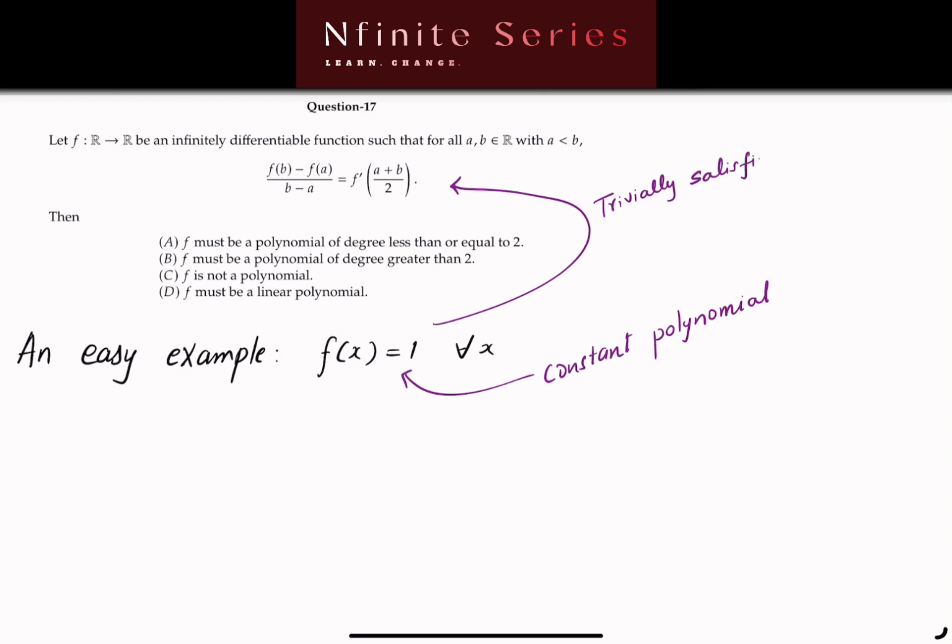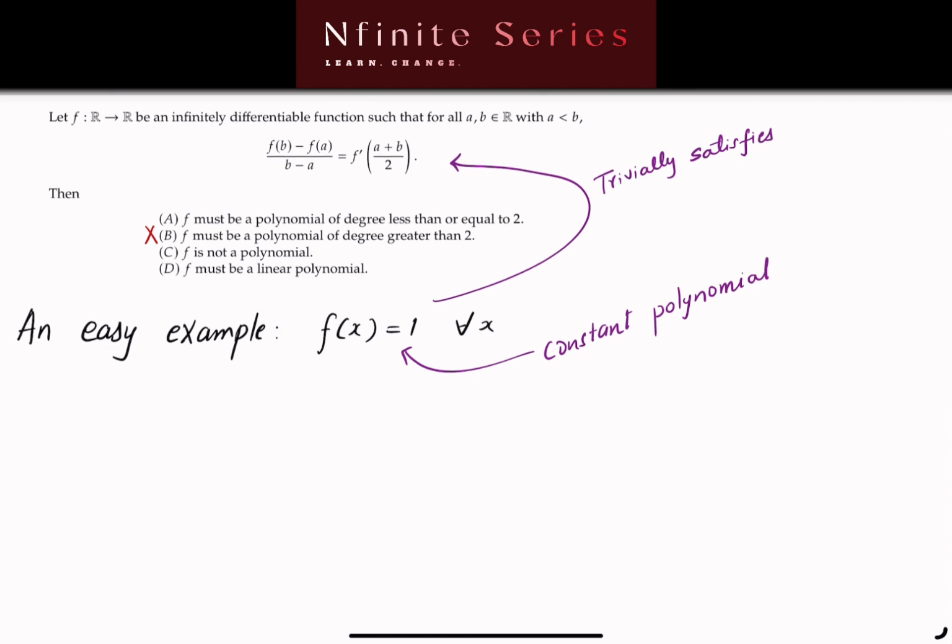Now let us cross-examine our options against the given example. Option A doesn't contradict the given example because our example is also a polynomial of degree less than or equal to 2. So we can't say anything about A, but it certainly eliminates B because our example is not a polynomial of degree greater than 2.